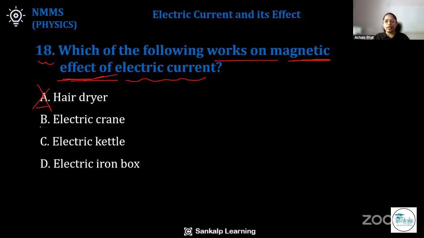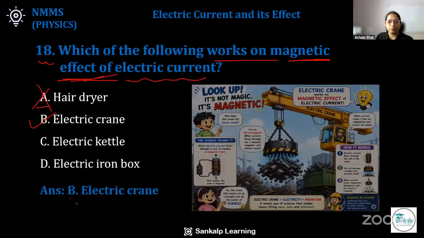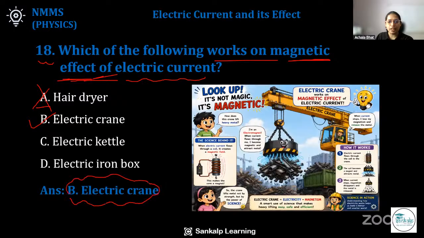B, electric crane. Yes, electric crane is correct. Electric crane works on magnetic effect of electric current. Here, how it works? Electricity passes through this coil, then a magnetic field is generated.